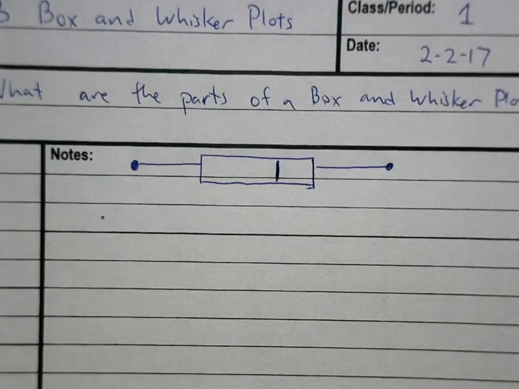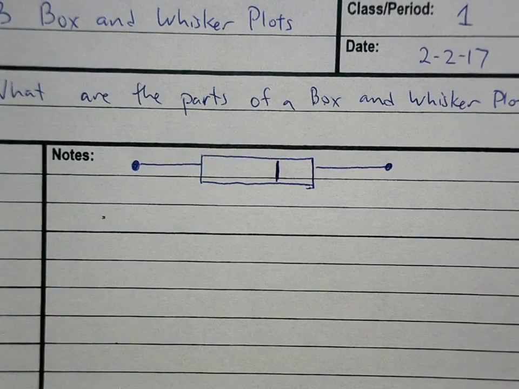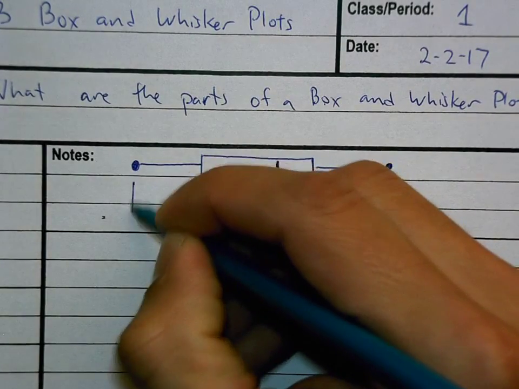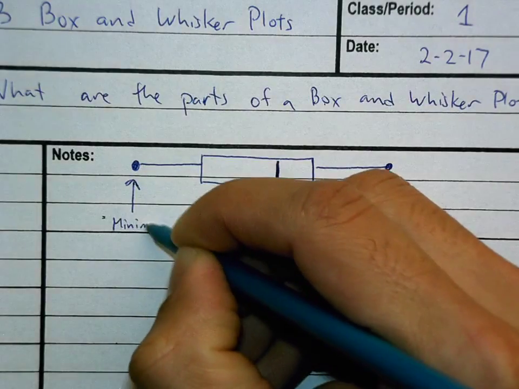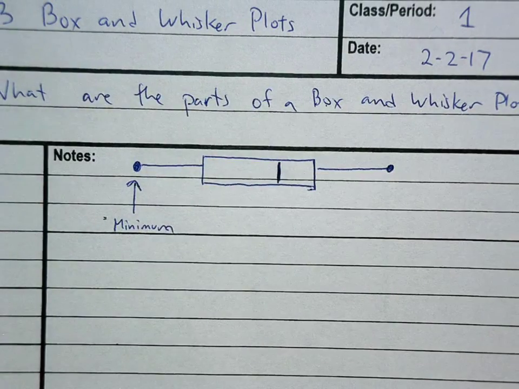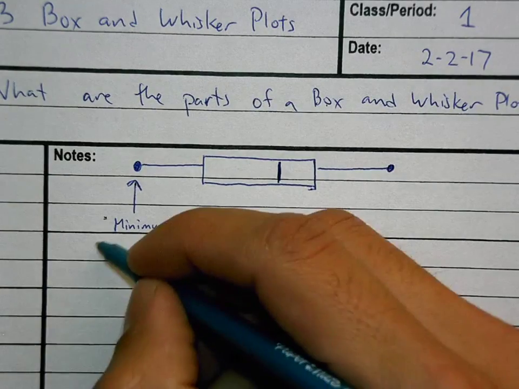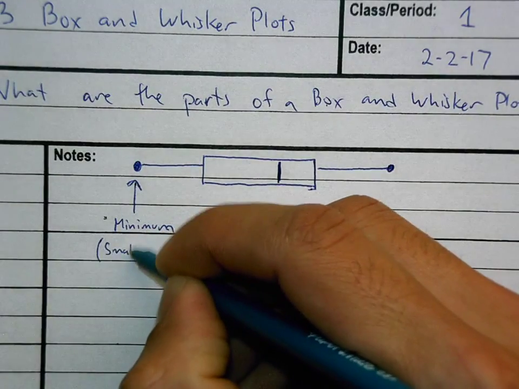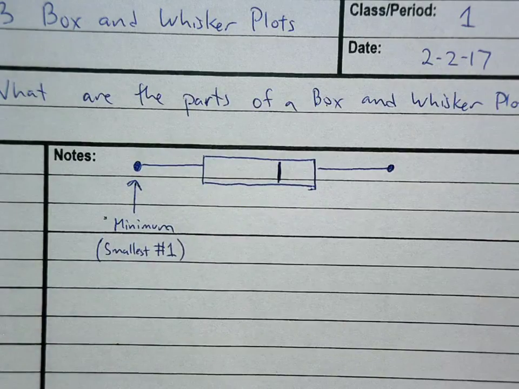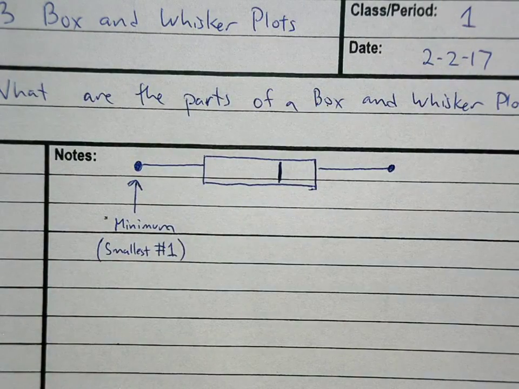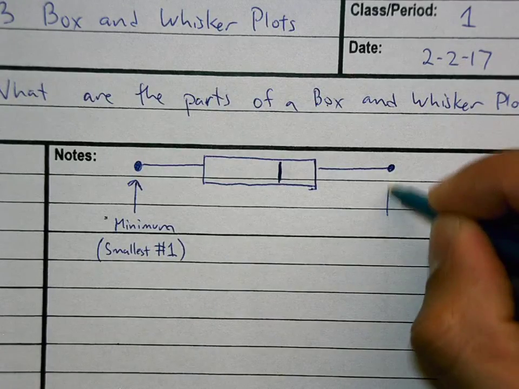The first thing it's going to show you is what the minimum number is. The far left is the minimum. This is going to be your smallest number. I'm going to write that underneath. Smallest number. If that's your minimum and that's your smallest number, then guess what's on the other side?